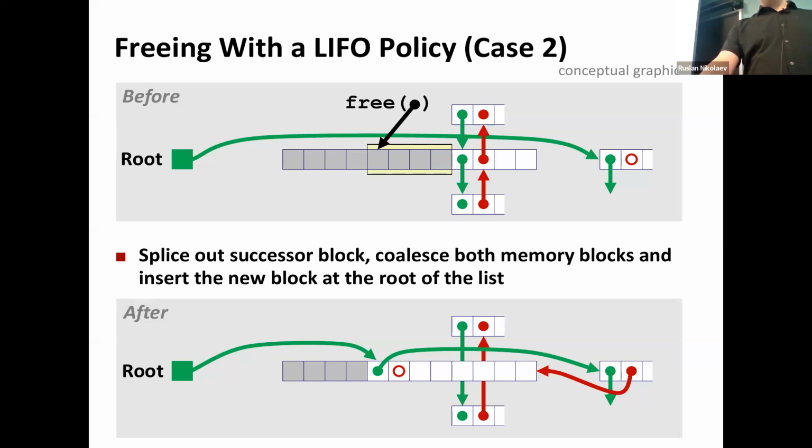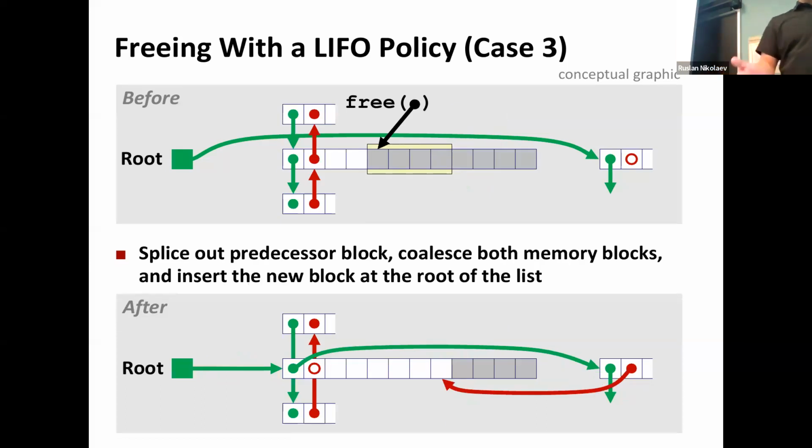So our goal is to remove the free neighboring node from the list, and we can do that with the doubly linked list easily. Once we have done it, we can coalesce, and the new larger block will be inserted to the front. So case three is very similar, but just for the previous block. So that's the same idea.